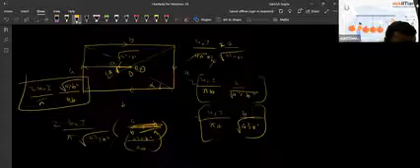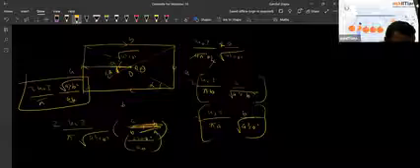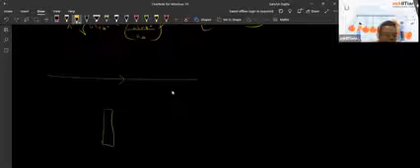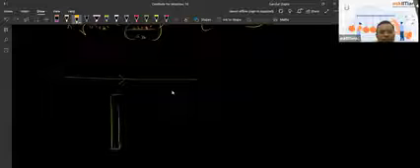The current-carrying wire and the rod are in the same plane, and the rod moves towards the wire with velocity v. We need the induced EMF. The current is in this direction.